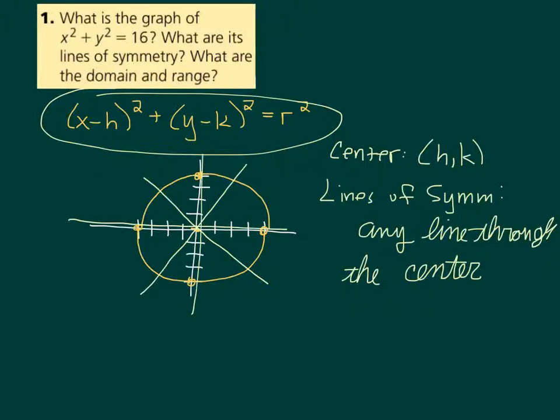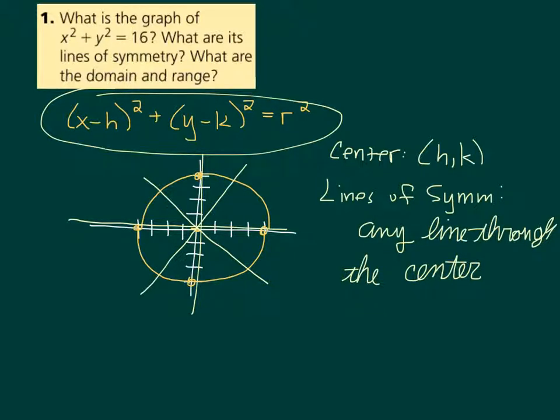Now my hand-drawn circle doesn't look the greatest, but we should all be comfortable that if you draw any line that passes through the center of the circle, that is cutting the circle exactly in half, which is what a line of symmetry is supposed to do, make it symmetrical.